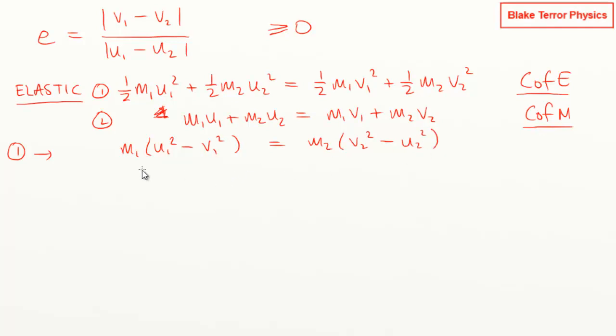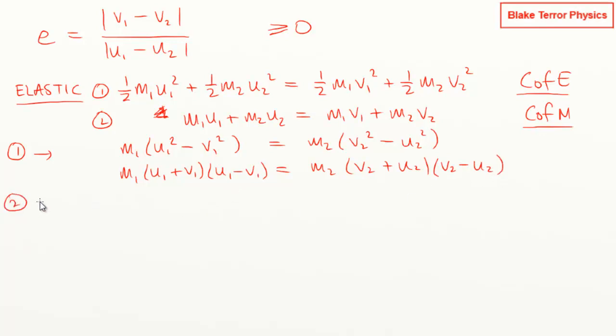We've got difference of two squares in both of those, so let's expand that bit out. m1 (u1 plus v1)(u1 minus v1) equals m2 (v2 plus u2)(v2 minus u2). Not really mattered which way around I put them.